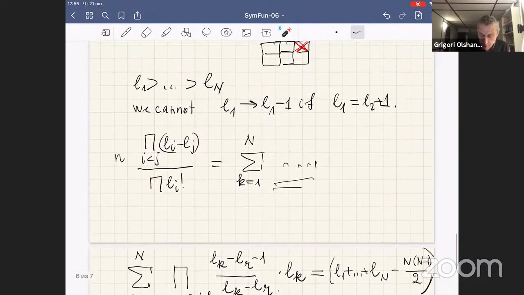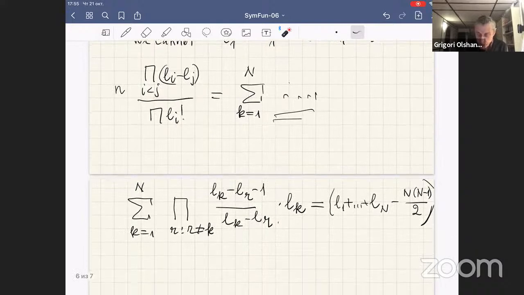So this is the difference between the Vandermonde and the similar Vandermonde when exactly one of the coordinates is modified in this way. Okay, so we get this. But what is this? This is simply an identity written in terms of rational functions, a rational function identity. Now we can completely forget about the origin of these numbers.